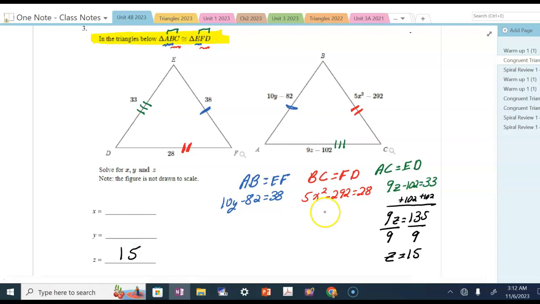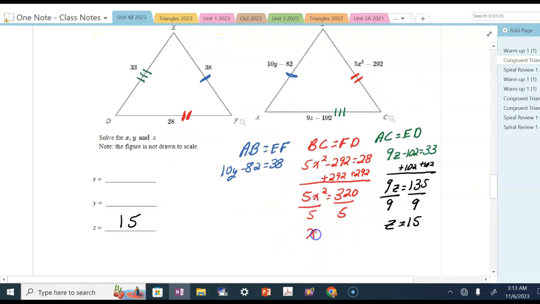For the red equation, I'm going to add 292 to both sides. We'll get 5x squared equals 292 plus 28, which is 320. Divide by 5. I'll get 64 is equal to x squared.